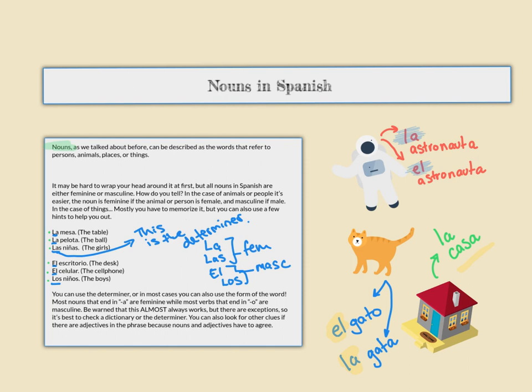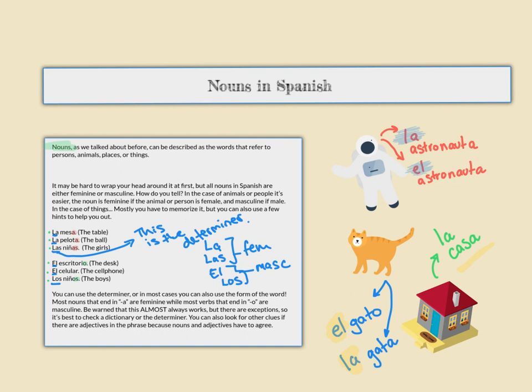Another clue that you can use to determine whether a noun is masculine or feminine is the ending of the word itself. So as you can tell, most of the time, and this is almost all of the time, a feminine noun will end in A, as in la mesa, la pelota, las niñas. And a masculine noun will have endings in O, such as escritorio, niños.